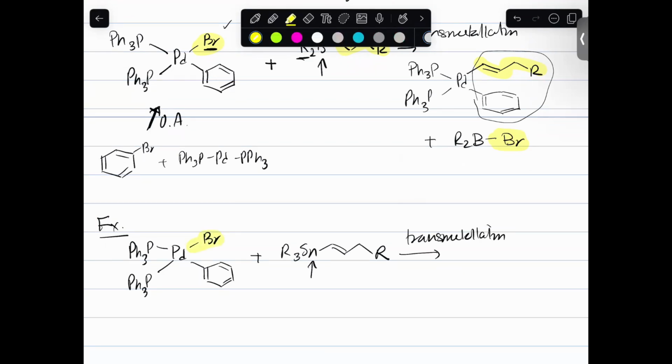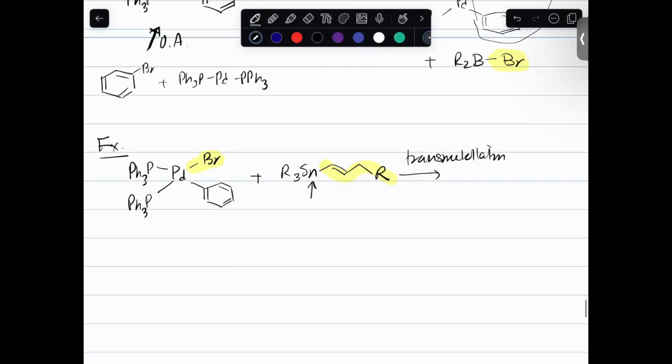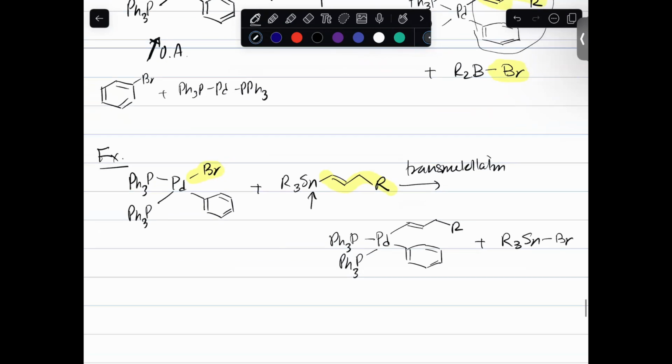It's the halogen and the vinyl group. And again, if you notice, it's cis, and my tin takes on my halogen. This is part of the Stille reaction, the transmetallation part of the Stille reaction.